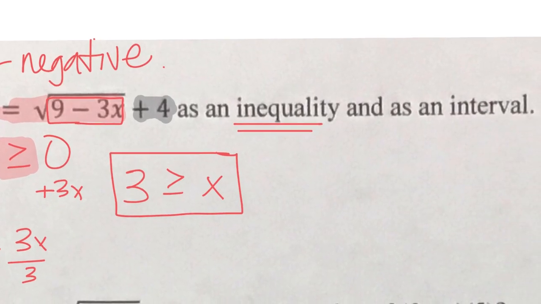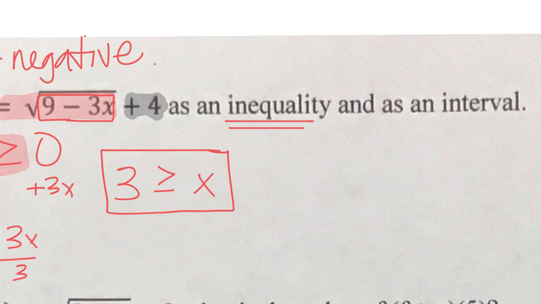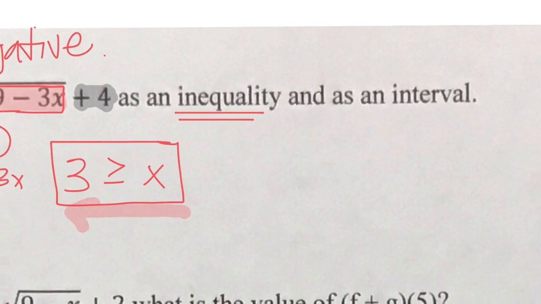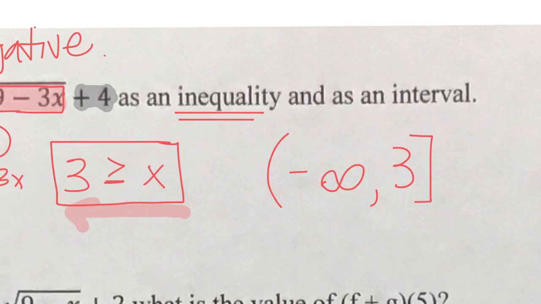But how about as an interval? As an interval, I'm going to read from right to left, from the x. This says that x is less than or equal to 3, which means all the numbers smaller than or equal to positive 3. So negative infinity is the ultimate smallest number. I'm going to run that right up to 3, and because it's or equal to, I will have a bracket.